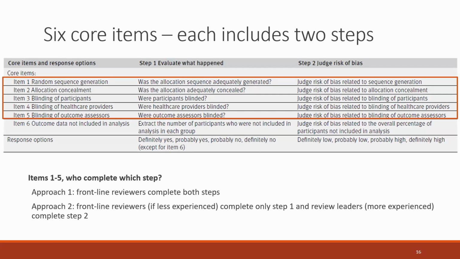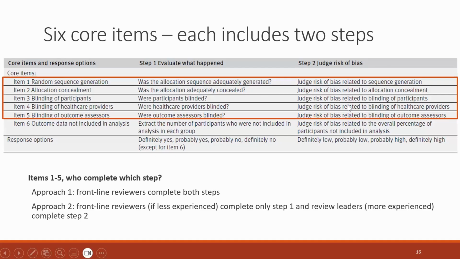So without yet judging the risk of bias, it is just whether the allocation sequence was adequately generated, whether the allocation was concealed, participants blinded, healthcare providers blinded, etc. And then we rate each of these response options in step 1 as definitely yes, probably yes, probably no, definitely no. And then the risk of bias judgment is based on the information from step 1.